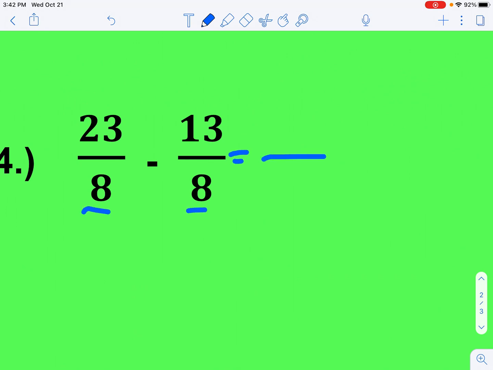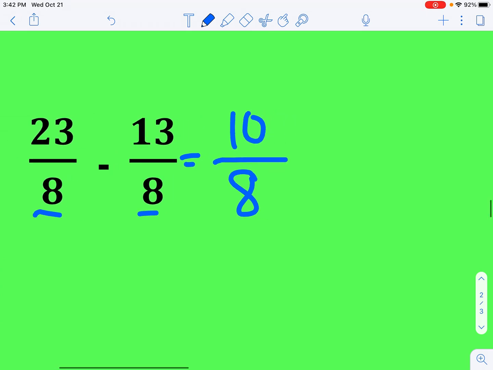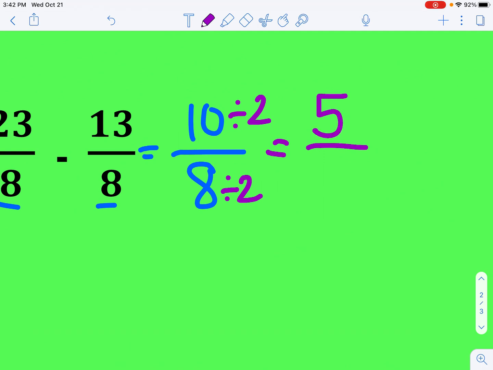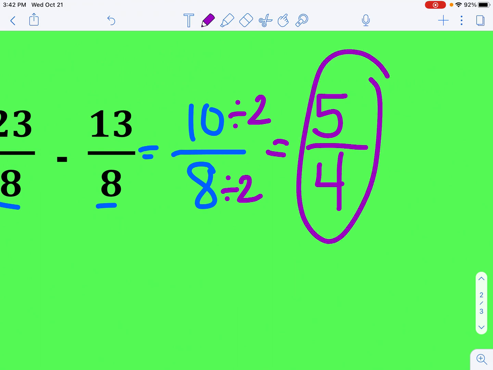I notice they're both 8s, so I subtract straight across. 23 minus 13 gives me 10, and my denominator stays the same. Both my numbers are even, so I can divide by 2. 10 divided by 2 is 5. 8 divided by 2 is 4. You cannot simplify 5/4 anymore, so that is your answer.